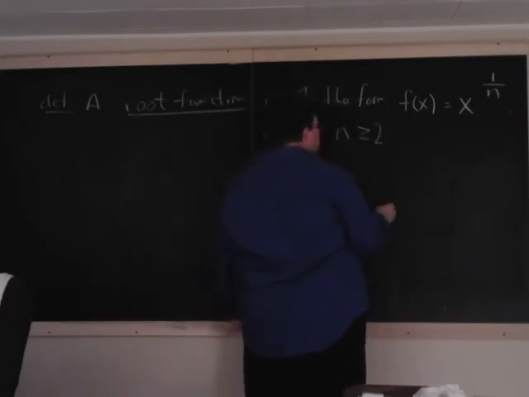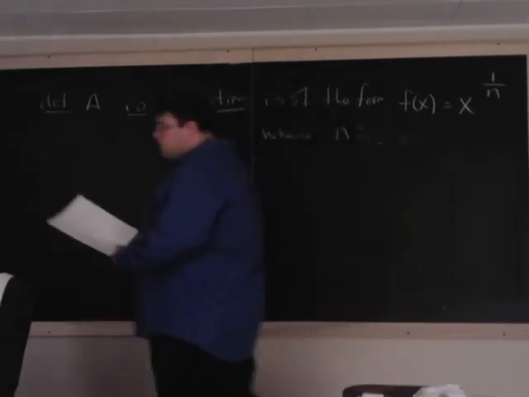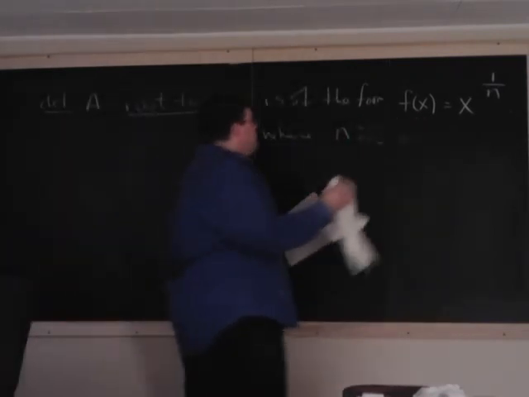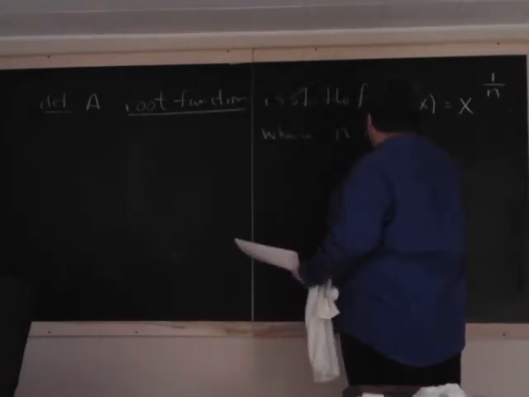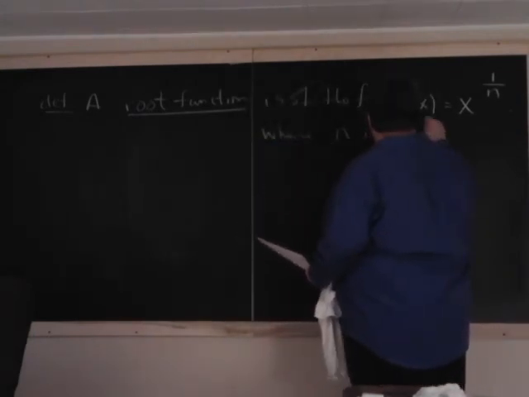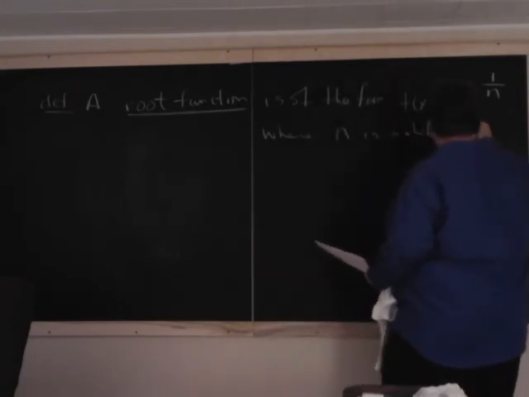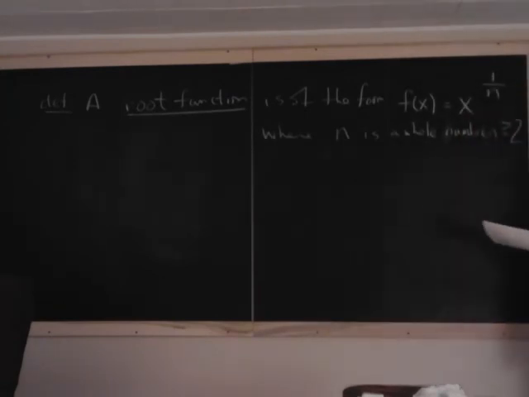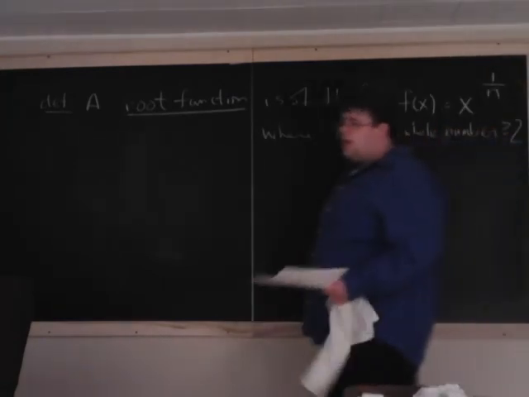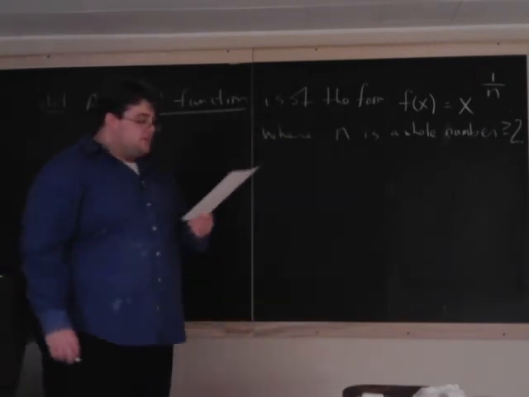Maybe I'll just say n is a whole number greater than or equal to 2. So x to the 1/2, the square root function, is a root function. x to the 1/100th is a root function.